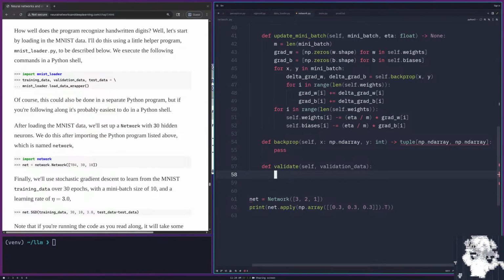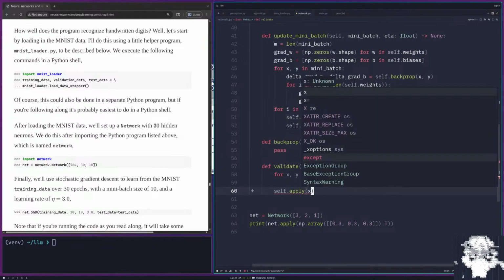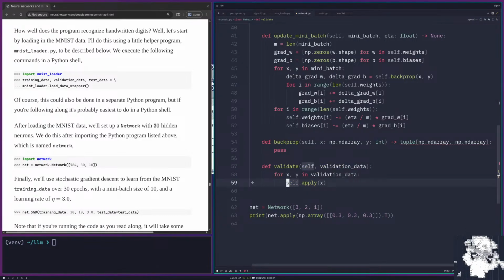But how do you do this? You apply it on each example. So for x, y in validation data, x is the input, and then we're trying to check if our output is equal to y.